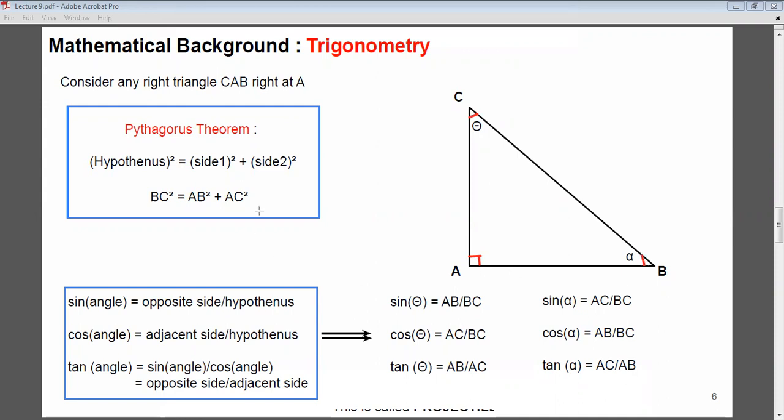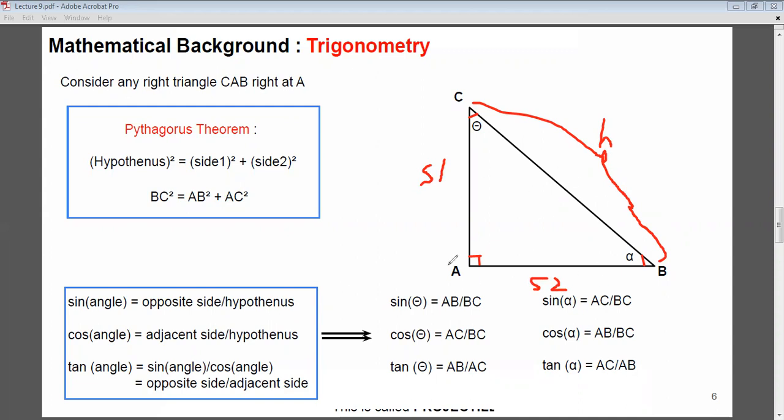Okay. Now, what do we know? We know Pythagoras theorem. Perhaps you remember it or not. Pythagoras theorem says that the hypotenuse squared, this is the hypotenuse, the side facing the 90 degree angle, equals side 1 squared plus side 2 squared.